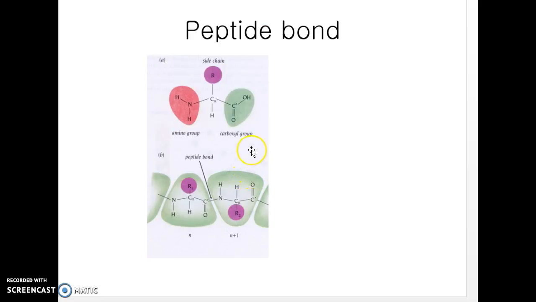I'm gonna turn into the polypeptide. Polypeptide could be made by peptide bond formed by carboxylic group of one amino acid and amino group of the other, forming peptide bond.